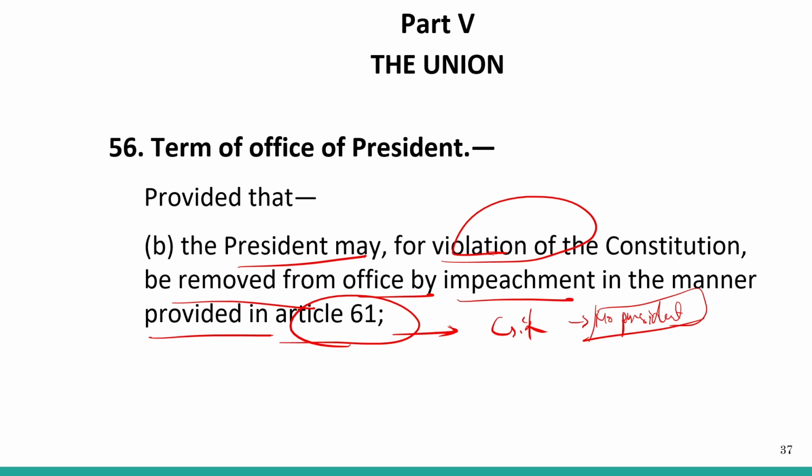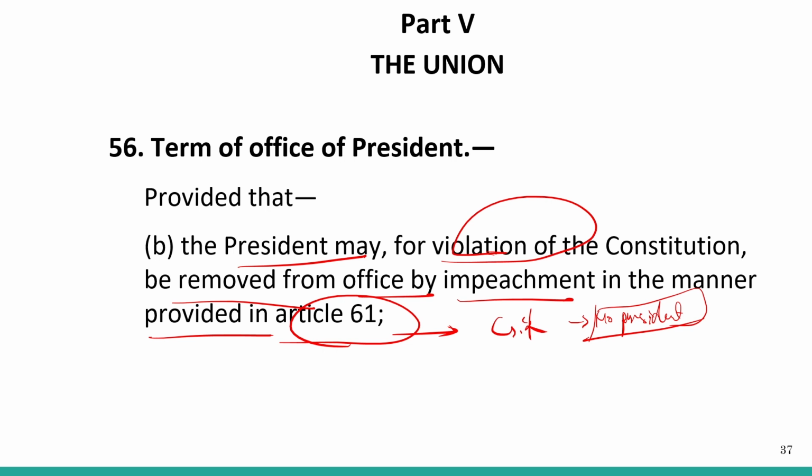But till now, what we have understood is that the term of office of the president will be 5 years, but he can be removed by the impeachment process mentioned under Article 61. And also he can resign from his post by giving a letter signed under his hand in writing to whom? To the Vice President of India.